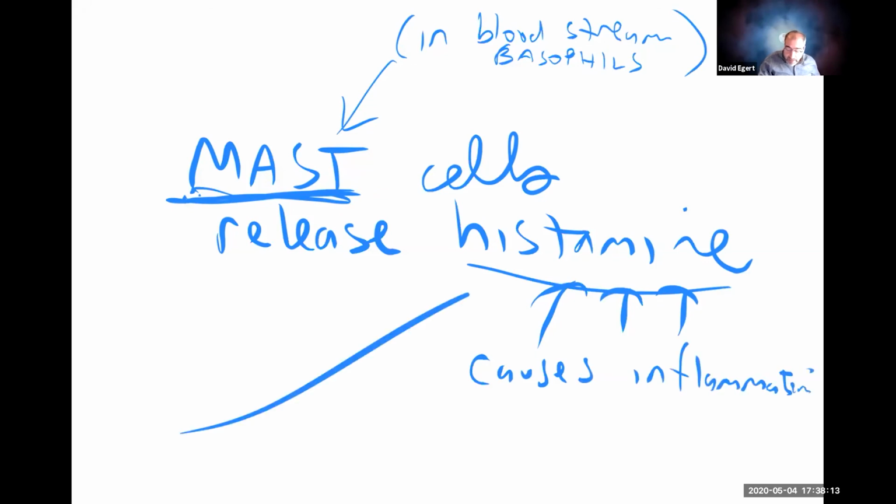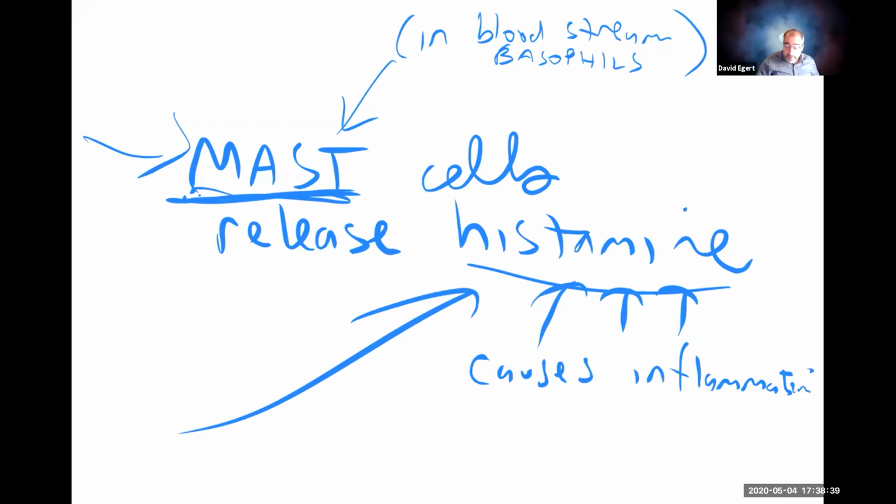I am experiencing this right now. I have allergies to some of the grass pollen in my yard. Basically, I have an immune response where that grass pollen triggers the degranulation of mast cells in my nasal cavities and my eyes, and I end up sneezing and having itchy eyes.